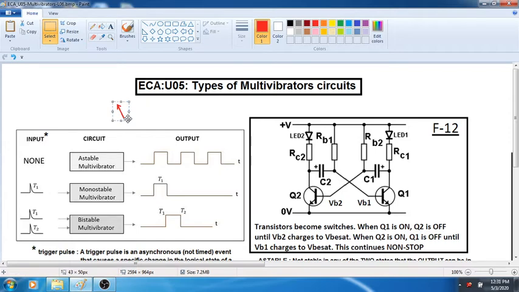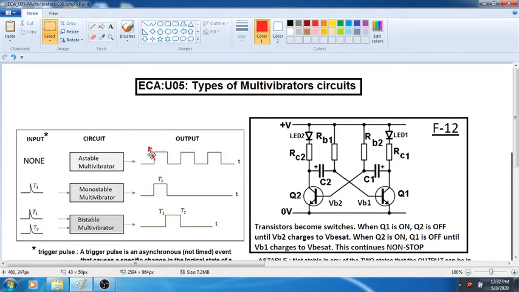Now please remember, whatever may be the name, whatever may be the function of the multivibrator, all multivibrators are made of a transistor as a switch. Of course, we will be introduced to other active devices like a FET. We can also use operational amplifier, but we will only focus on transistor now.